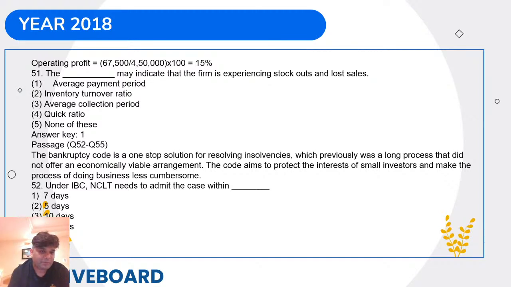particular topic. Now there is a passage given, and based on this passage you will be expected to answer 4 questions, 52, 53, 54, 55. So the Bankruptcy Code is a one-stop solution for resolving insolvencies, which previously was a long process that did not offer an economically viable arrangement.